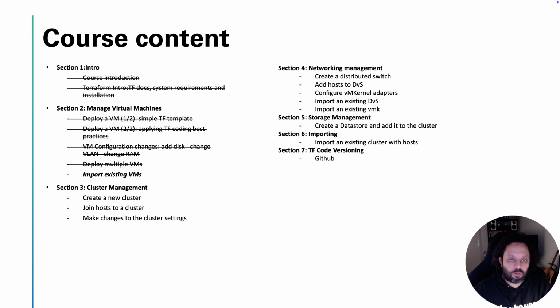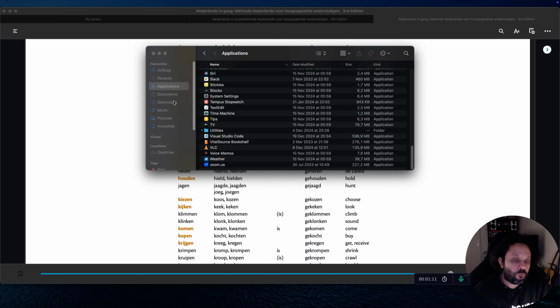You must have existing workloads and existing virtual machines that you need to import to your Terraform code to be able to manage them using Terraform. So in this episode we will go through cons and pros and how to import the existing VMs.